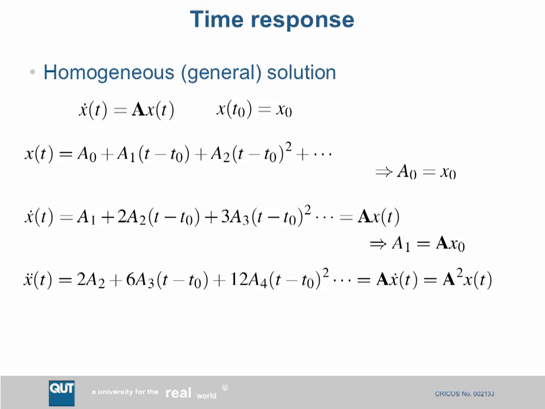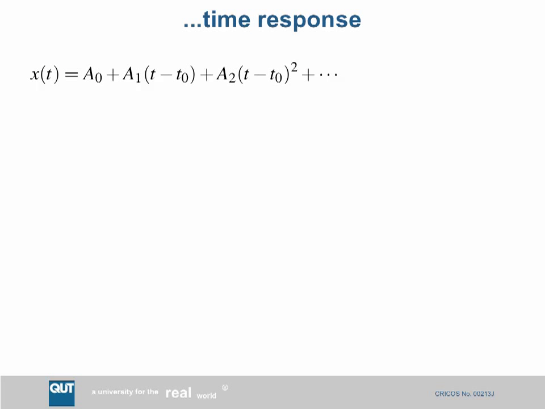I could do this all night and all of tomorrow as well, but I'm not going to. You get the general idea. So here's our Taylor series, and here are the coefficients that we've worked out so far, plus one more that I added in. We can do this trick, and do some tidying up. We end up with x equal to an infinite series times x0.